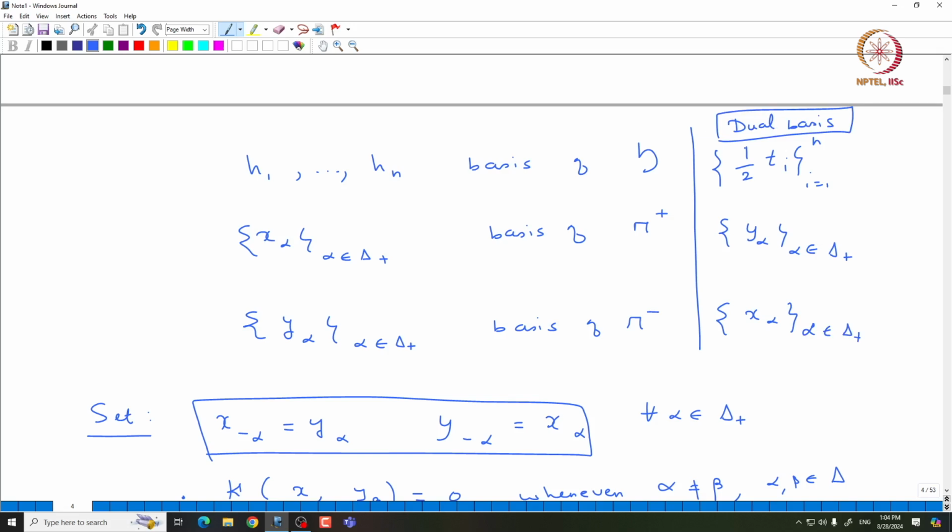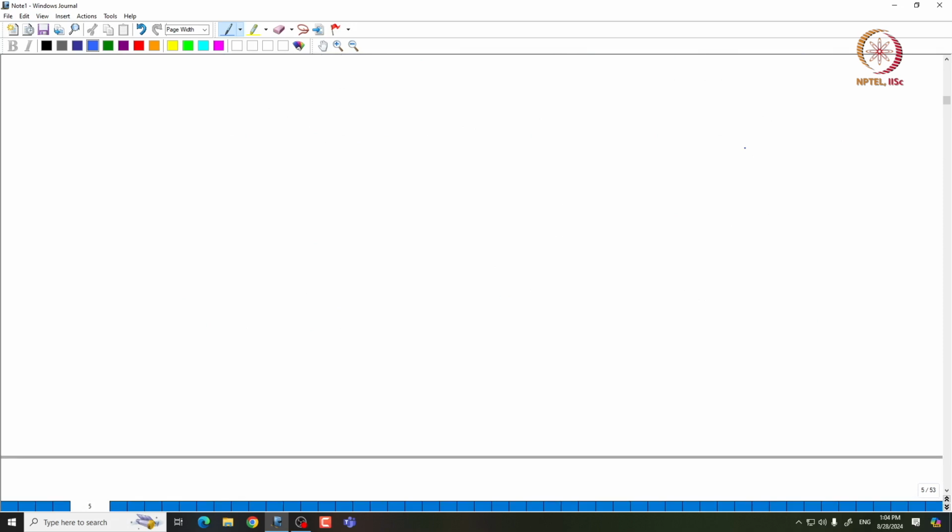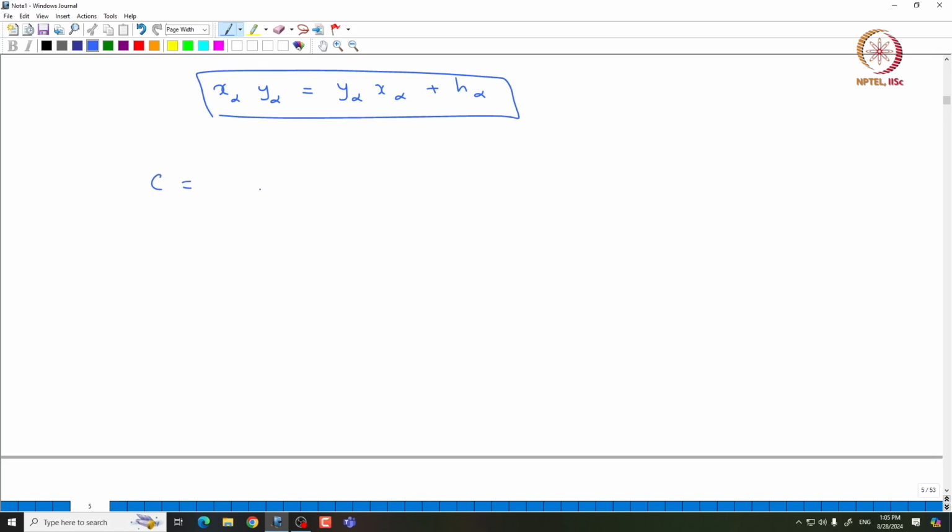Now, with this dual, let us actually compute what the Casimir element will be. Okay. So, if we rewrite the Casimir element, we can easily see that, since x_alpha y_alpha can be rewritten as y_alpha x_alpha plus h_alpha, because we want to keep x_alpha always on the right side for alpha positive. That is why we want to rewrite this. Since this relation is true, the Casimir element is nothing but the summation of t_i h_i, i ranging from 1 to n.